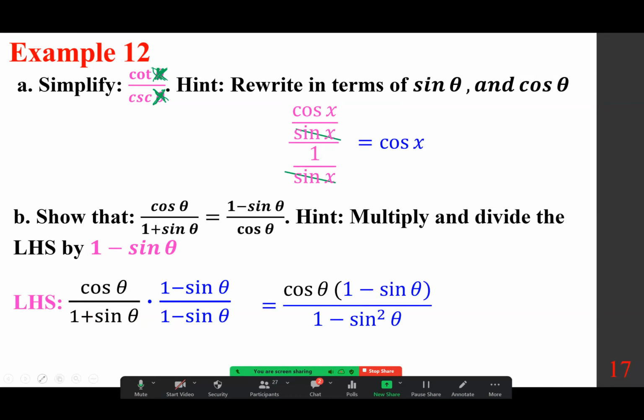And as you know, 1 minus sine squared is cosine squared. I can drop this one and the exponent of this one, and that is the right-hand side, and it checks.